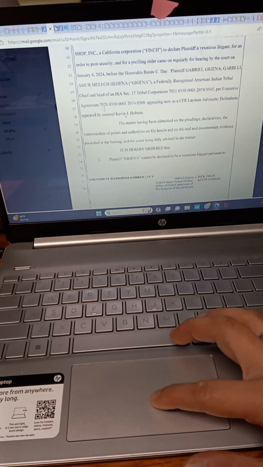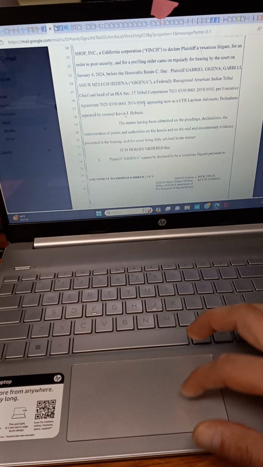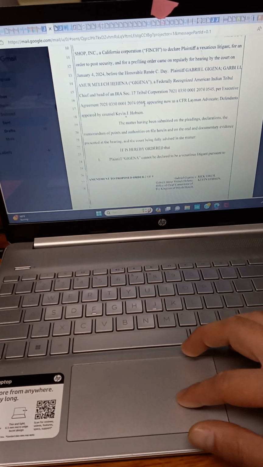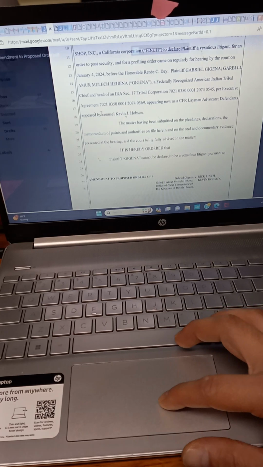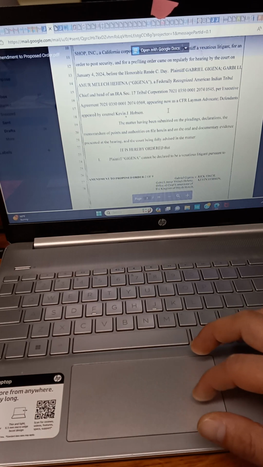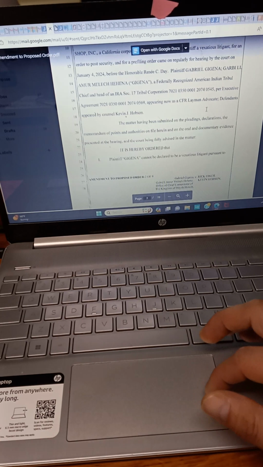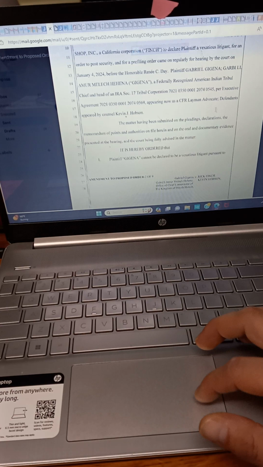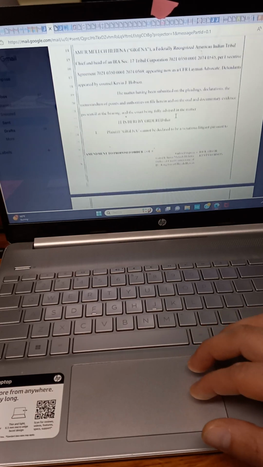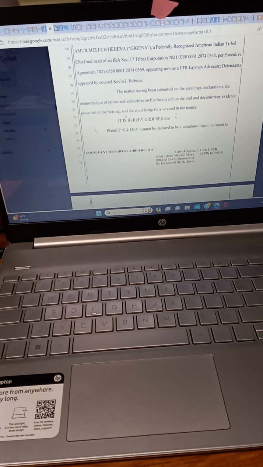This is another certified mail for the Secretary of State for our executive agreements. And then that I'm now appearing as a CFR layman advocate because I paid my dues. And in order to be a layman advocate in the CFR court, you have to just show a basic understanding of American Indian law.